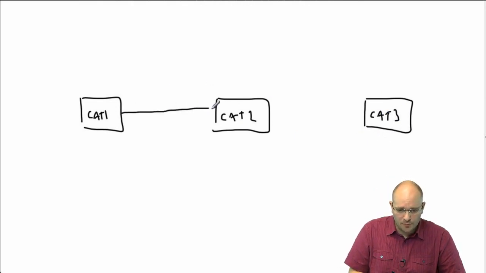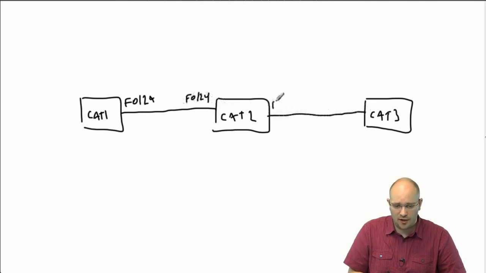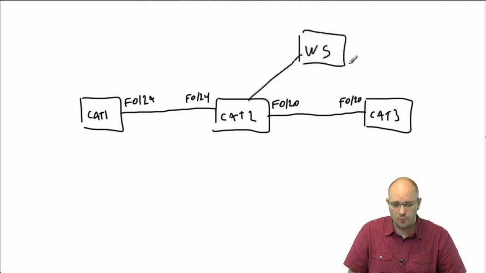Cat1 and Cat2 are interconnected on ports FastEthernet 0/24, like this. And Cat2 and Cat3 are interconnected on FastEthernet 0/20. I also have my Wireshark monitoring station connected to Cat2 and connected to Cat3. In both cases, this is on FastEthernet 0/3.